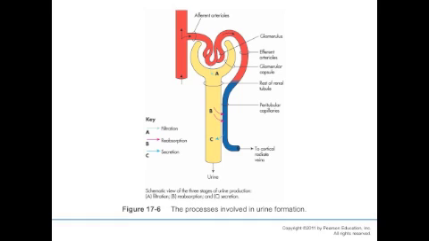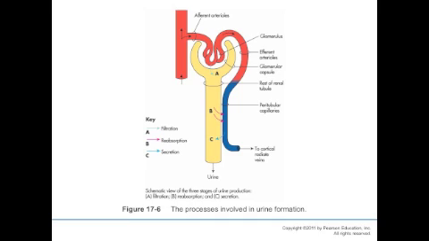The key to the left of the figure indicates that filtration is represented by the very pale green arrow, labeled A. The reabsorption process is labeled B and is represented by the red arrow, and secretion is labeled C and is represented by the darker teal colored arrow.